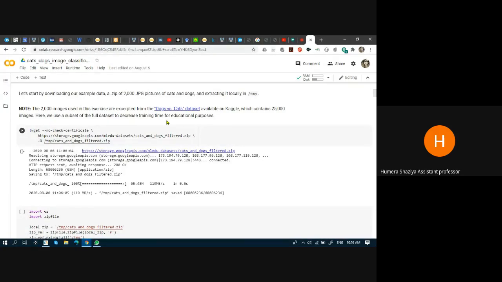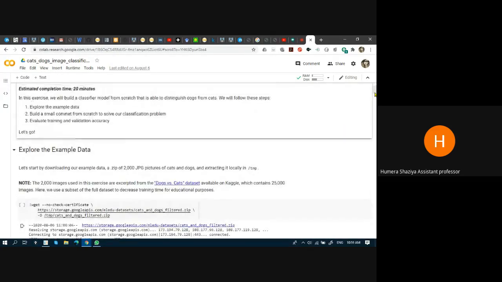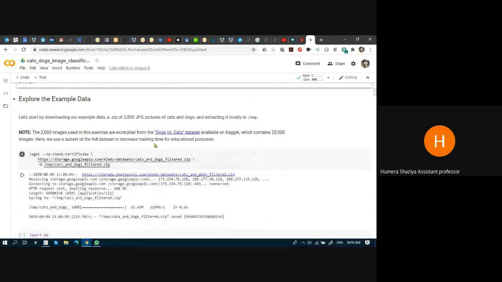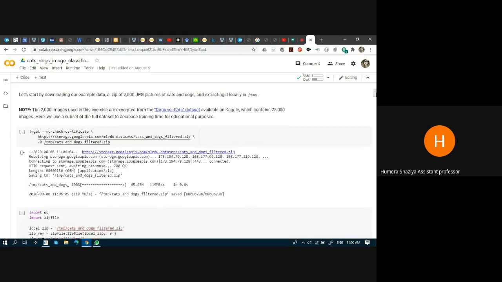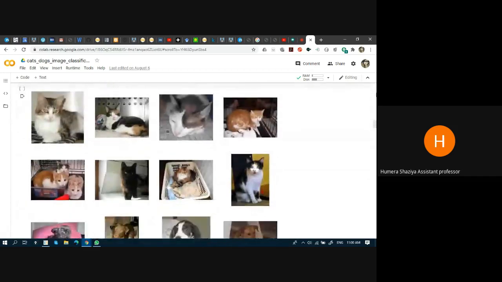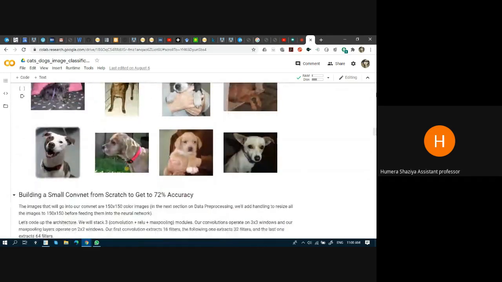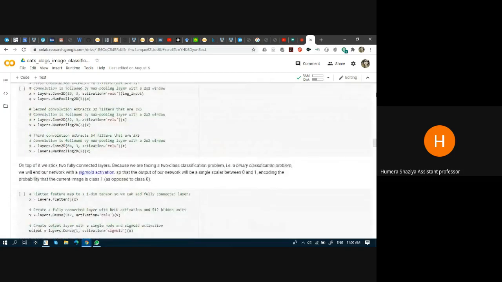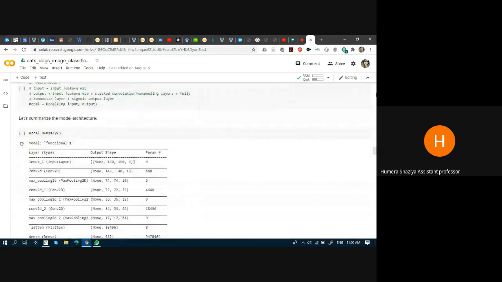Here some data set is downloaded. This is a machine learning program for image classification. A dogs and cats image data set is there, and it will classify the image. Look at this. These are different images on which this machine learning model has been trained.